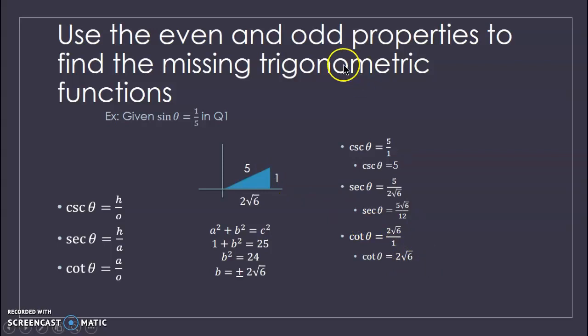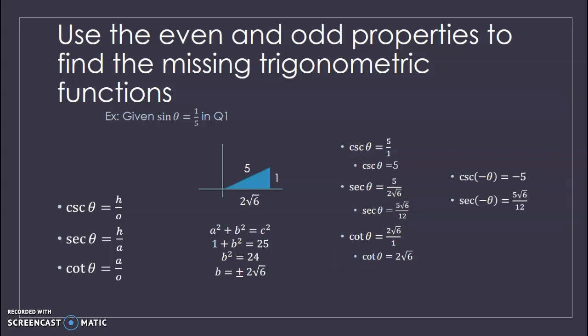Okay, now we want to find even and odd properties. So if we are using our even and odd properties from the last slide, we should remember that secant is even, okay, so it keeps the sign. Cosecant and cotangent are odd, so they're going to change signs. So if I want cosecant of negative theta, I'm going to get negative 5.